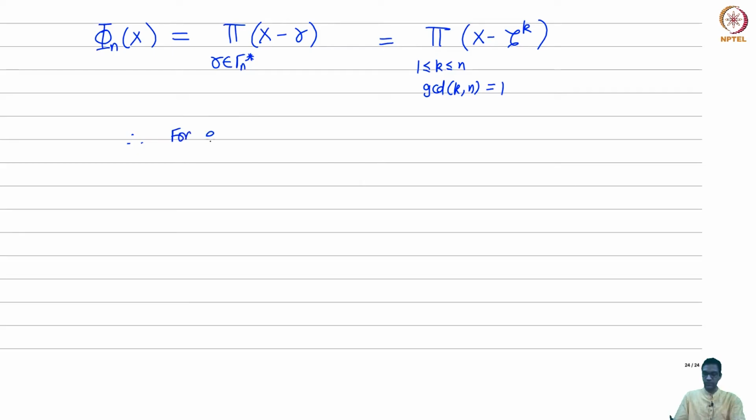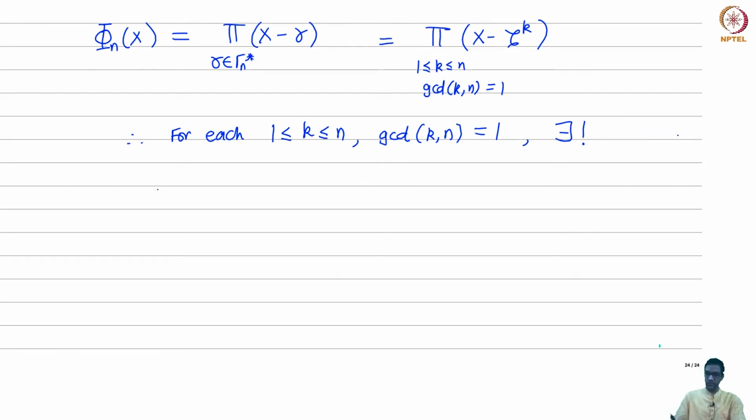So by this general principle, for each k between 1 and n, GCD of k with n is 1, there exists a unique automorphism, in fact, because once you specify what zeta goes to, the automorphism is uniquely defined.